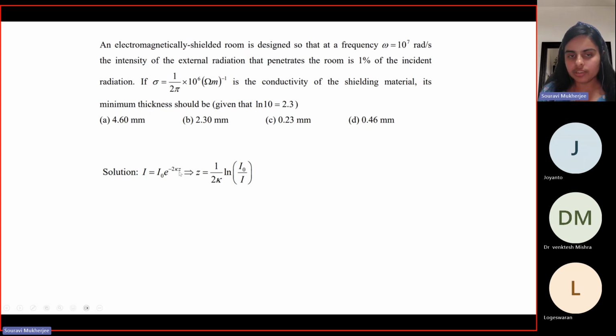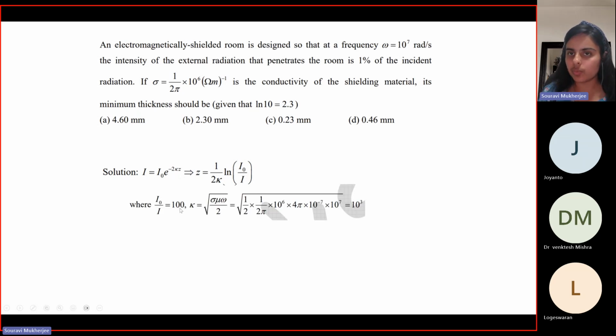So from here, you know that z is the distance that one has to travel, which would also be equal to the thickness that is required. So this z is related to the attenuation constant and the ratio of the intensities by this relation. Now the question says that I naught by I should be 100 because only 1% of the incident radiation penetrates.